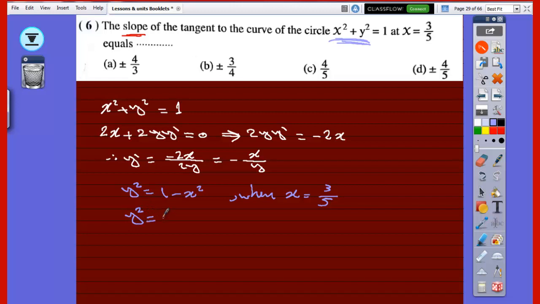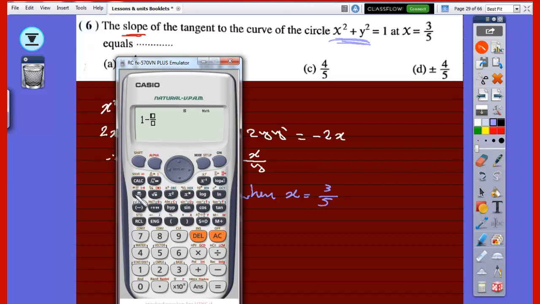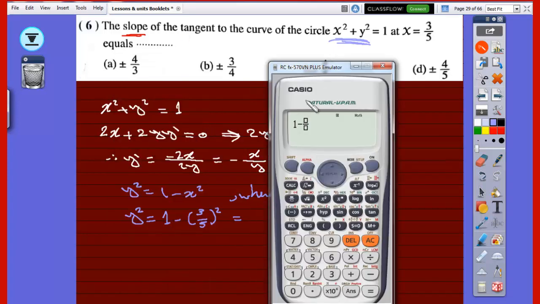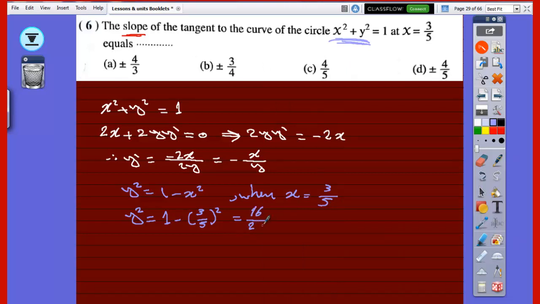So we have y² = 1 - (3/5)², which equals, we can use a calculator, 16/25, and then y equals ± the square root of 16/25, which equals ±4/5. This is the value of y when x equals 3/5.